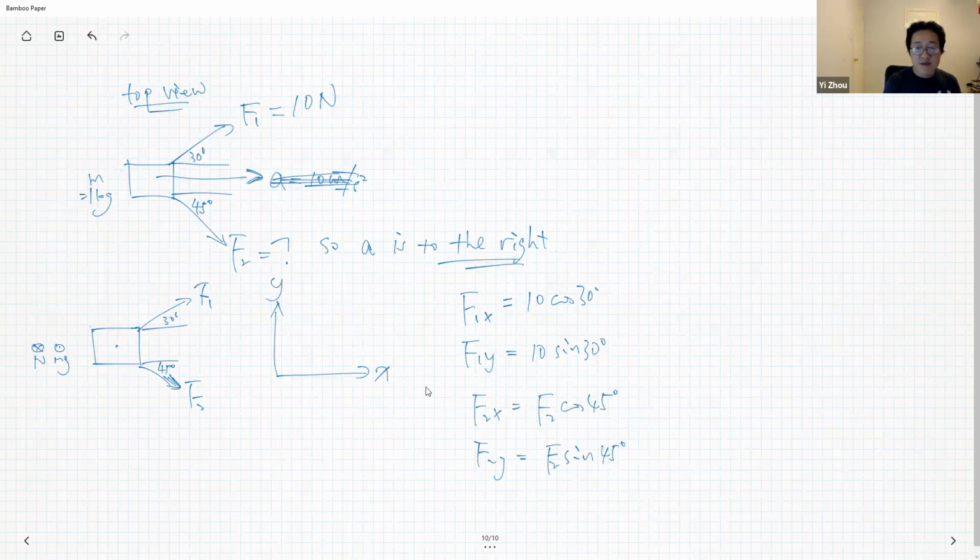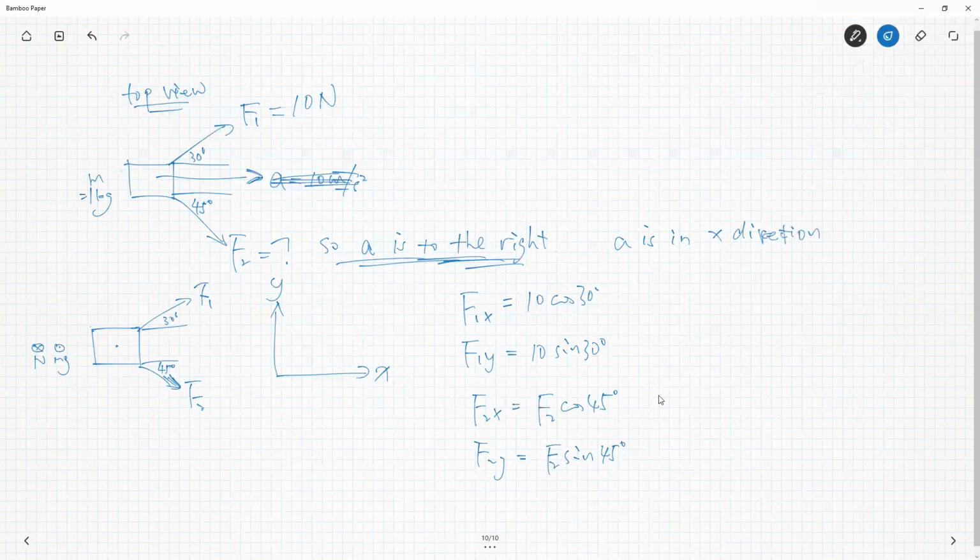So now, A is to the right, which means A is in the x direction, right? Yeah. So what do we get if A is in the x direction? Basically, it's not accelerating in the y direction, so the net force in the y direction is 0.